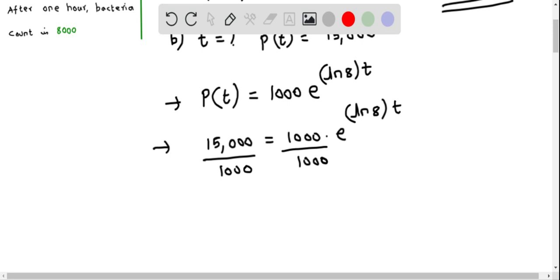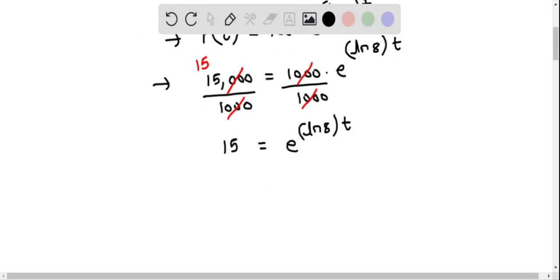I cancel this 1000 with this 1000, and 15,000 divided by 1000 is 15. So we have 15 on the left side, and this equals e raised to the power of natural logarithm of 8 times t.